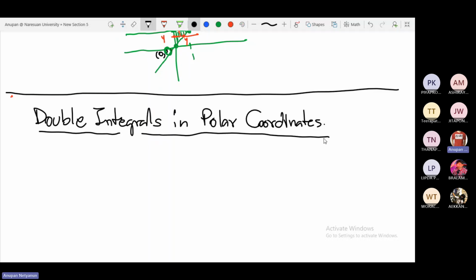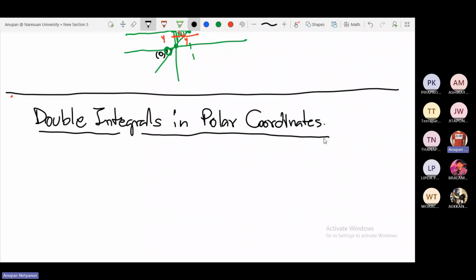We cannot go into deep detail about polar coordinates, but I'm going to talk about the things that we need to use in this integral only. Okay, I won't go through all the details, I'll only talk about the parts that we use.